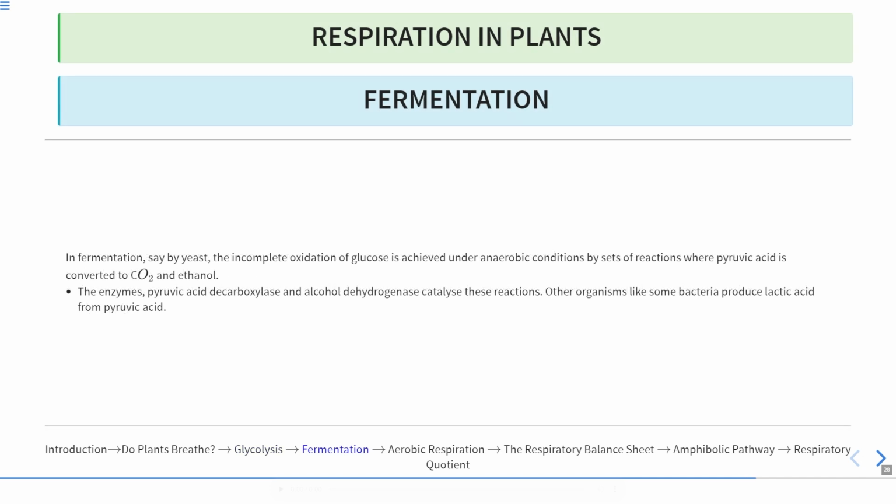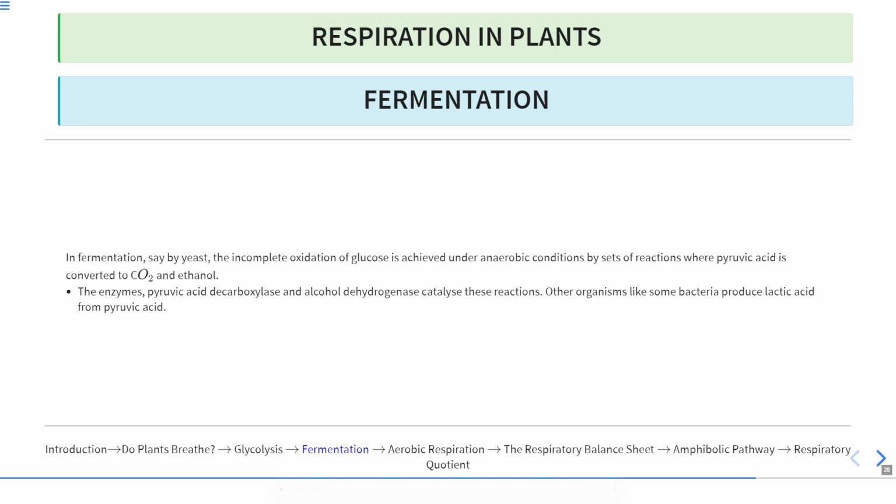In fermentation, say by yeast, which is a unicellular fungus, the incomplete oxidation of glucose is achieved under anaerobic conditions by a set of reactions where the pyruvic acid is converted to CO2 and ethanol.